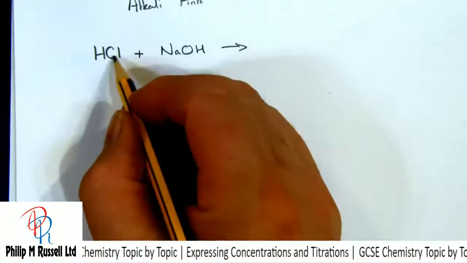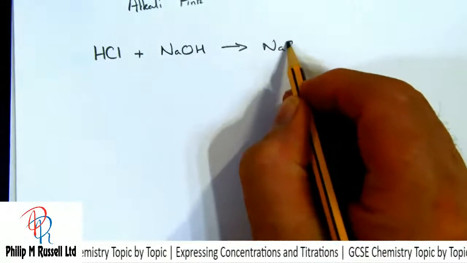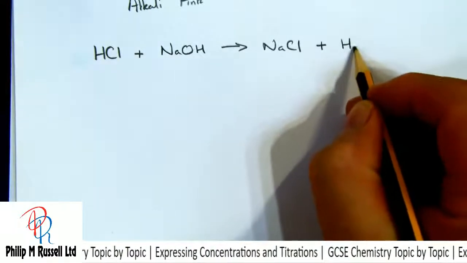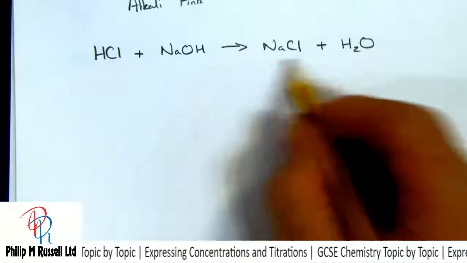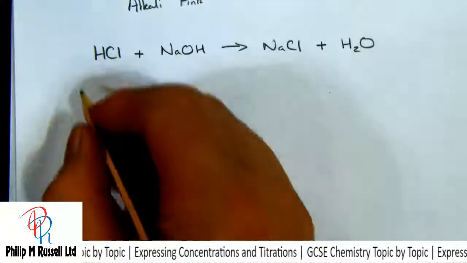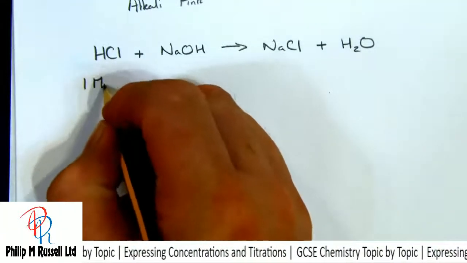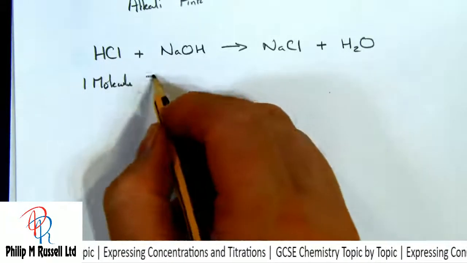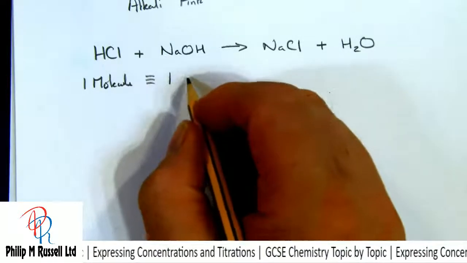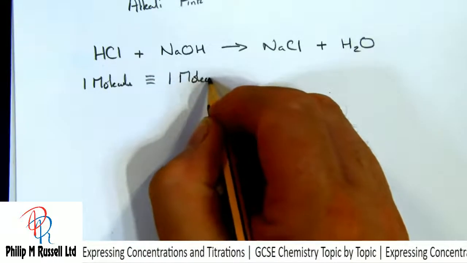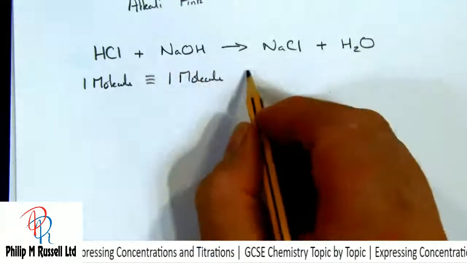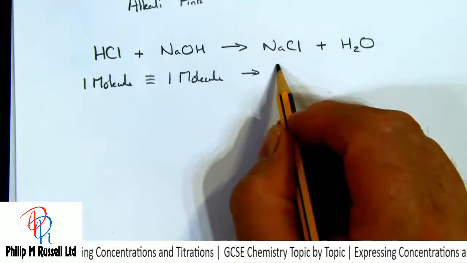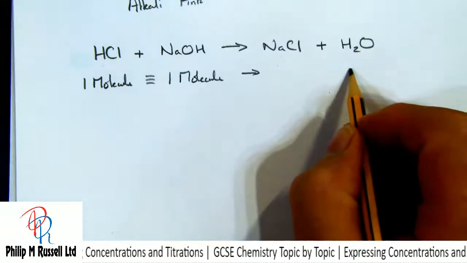When these react, then we form NaCl, salt, plus water. The equation's balanced. So I know that 1 molecule of HCl will react with 1 molecule of sodium hydroxide, which will give me 1 molecule of sodium chloride and 1 molecule of water.